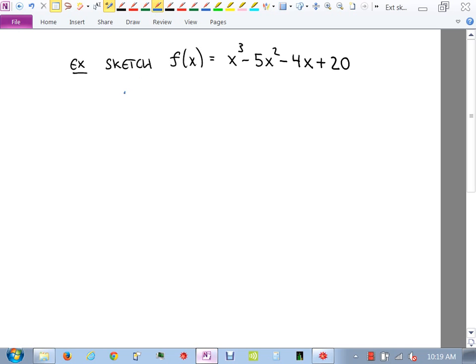Okay, degree is 3. The leading coefficient is 1. And according to our table, what would the left right hand behavior be? It would be left side down, right side up, and in the middle, I don't know.